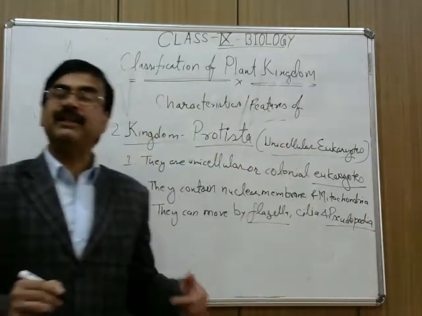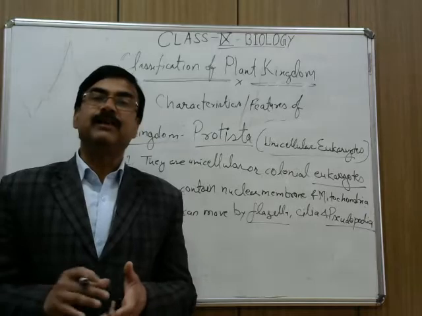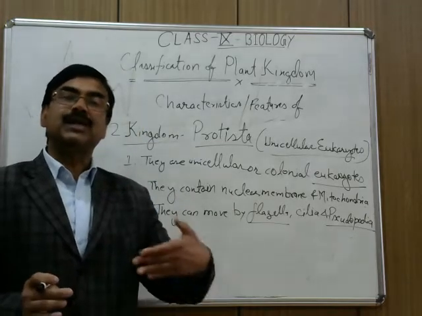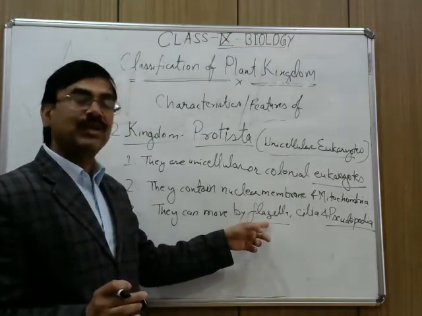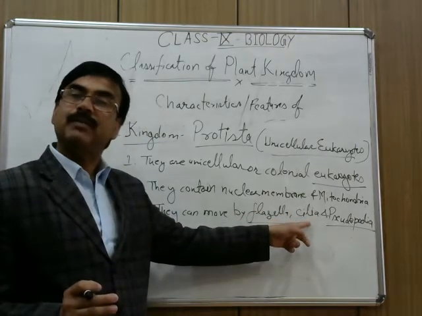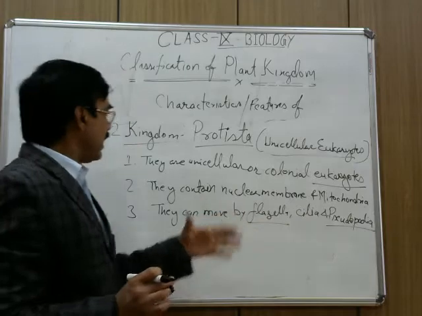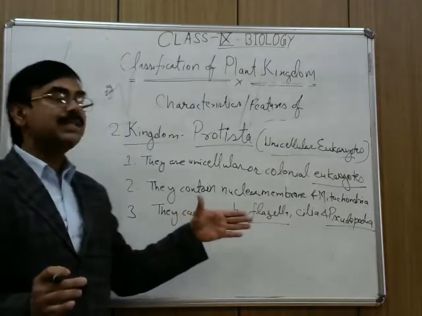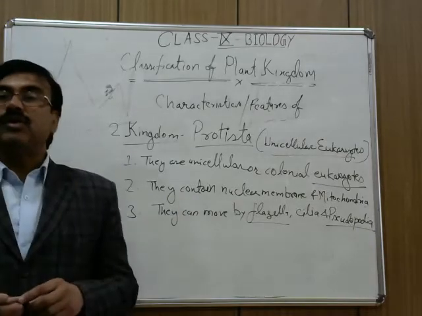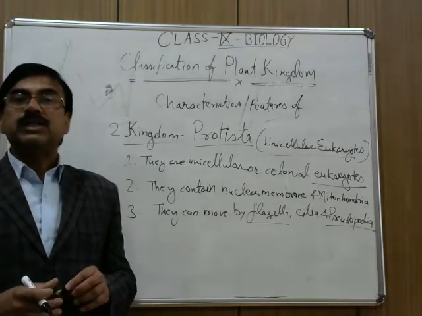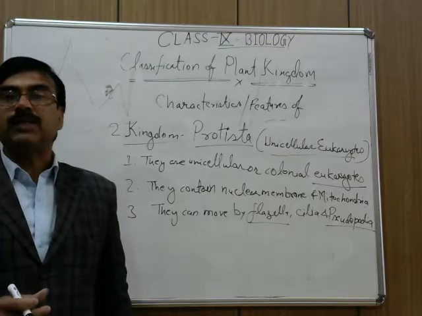Pseudopodia is present in the amoeba, false feet, which helps in locomotion and in taking food in. Flagella is present in the Euglena, cilia is present in the paramecium. Got my point? So they can move by flagella, cilia and pseudopodia.